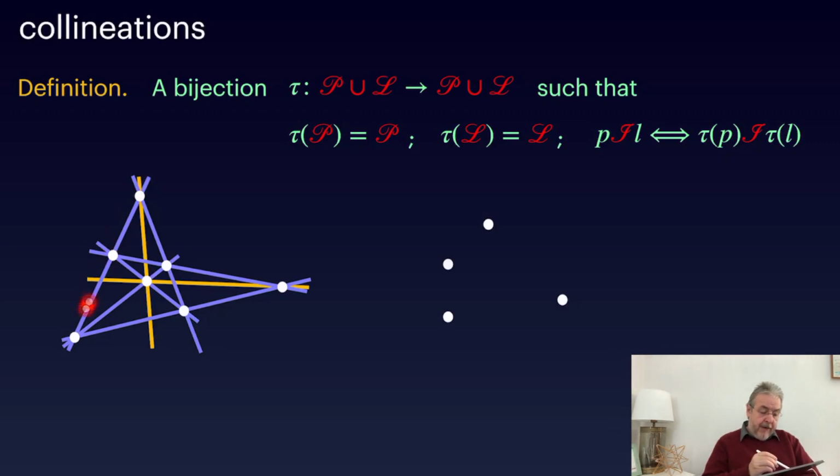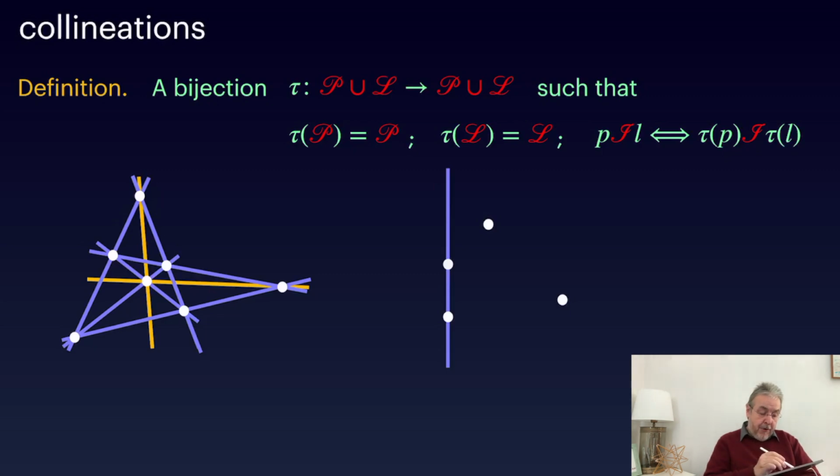So if you take, for instance, this line here, it's incident to that point and that point, so the image of that line has to be incident to that point and that point. So the position of this line is completely uniquely determined.